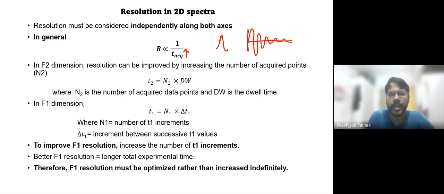When you collect the FID, we had learned that this T acquisition is equal to the separation between these two points, that is called the dwell time, DW, multiplied by the number of points that we have collected, that is indicated by F2.